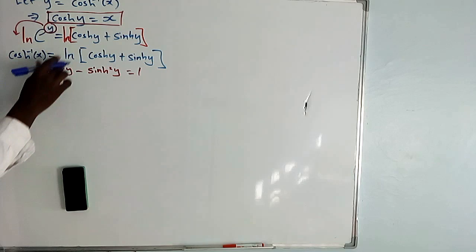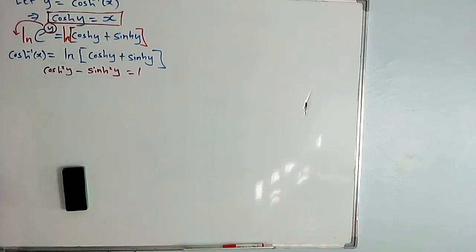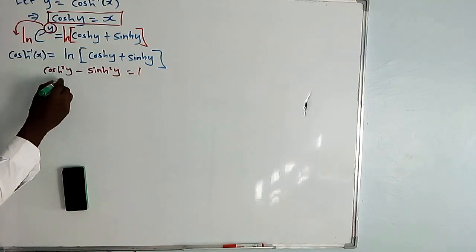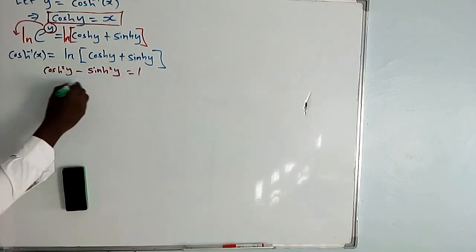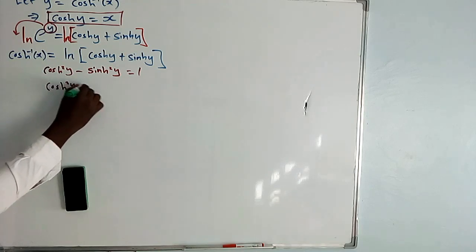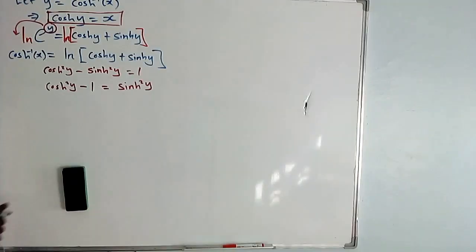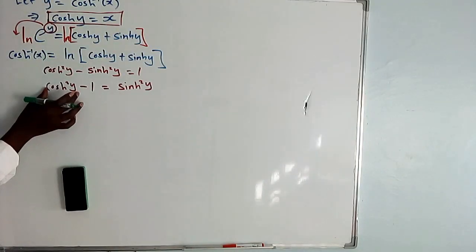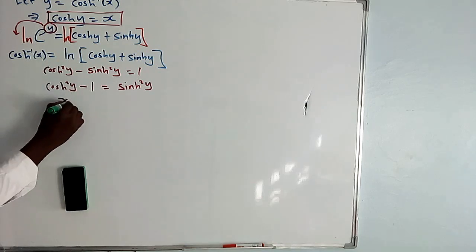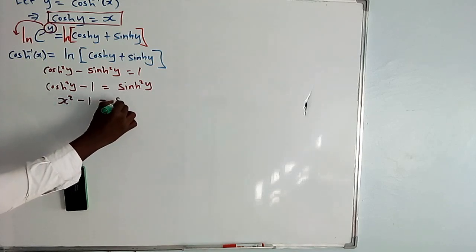So for us to get sinh y, we make sinh squared y the subject of the formula. Negative sinh squared y going to the other side of the equation, and 1 coming to this side, it means cosh squared y minus 1 is equal to sinh squared y, isn't it? But cosh y is x, so cosh squared y is x squared. So x squared minus 1 is sinh squared y.